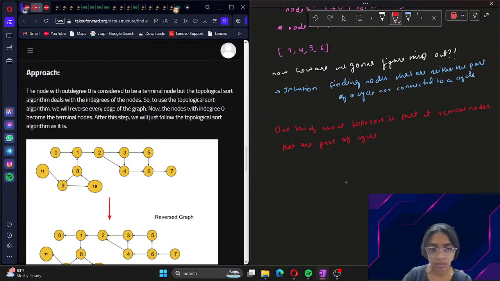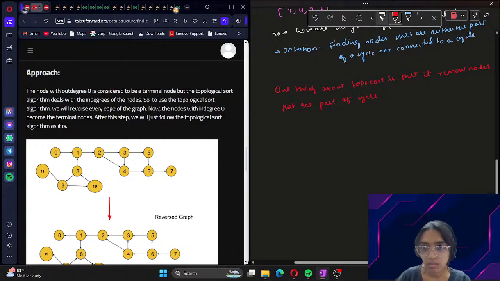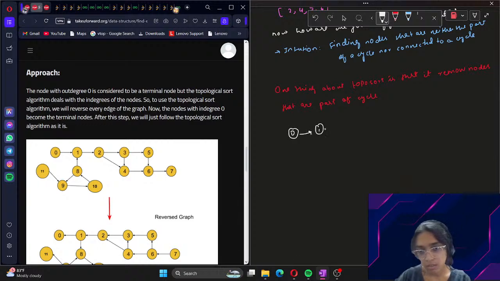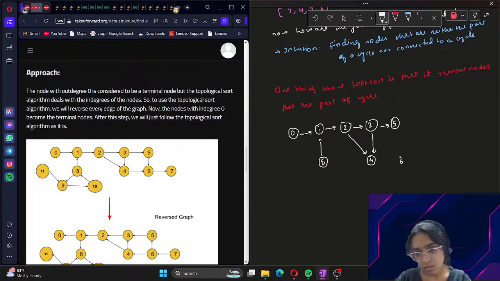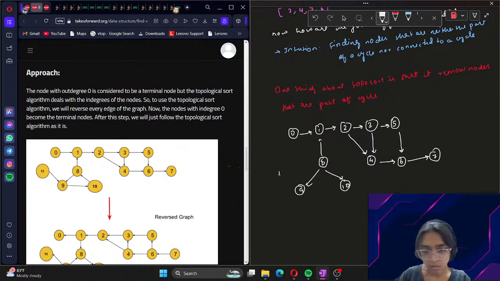For suppose, let us take this graph: 0, 1, 2, 3, 5, 8, 4, 6, 7, 9, 10, and 11.